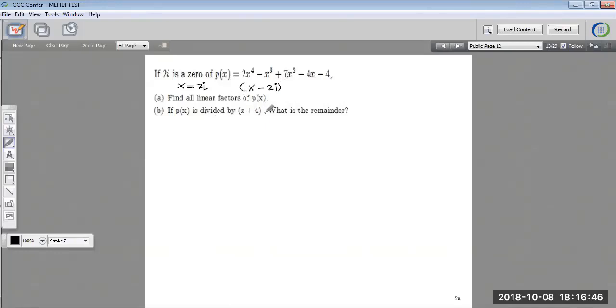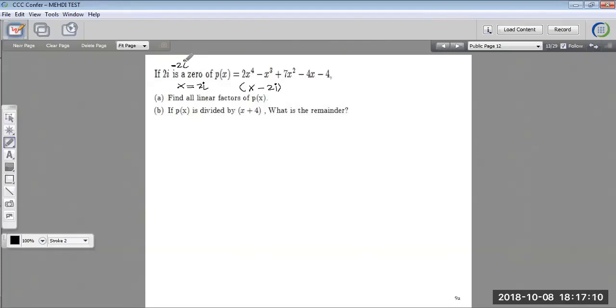With complex numbers, if a complex number like 2i is a 0, its conjugate also is another 0. So if I know that 2i is one 0, then I should know automatically that minus 2i also must be my other 0.